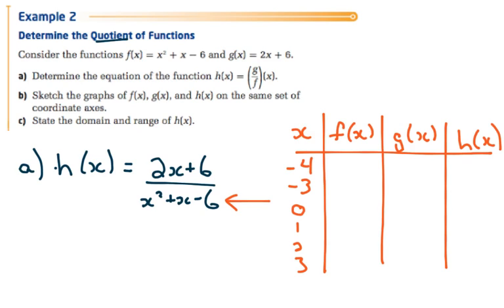Plug in -4 for f, we're going to get 6. Plug in -4 for g, we're going to get -2. And since we're going to graph this, decimals are okay. G divided by f would give us -0.3 repeating, and since the graph is as small as it is, we'll just go to 1 decimal place.